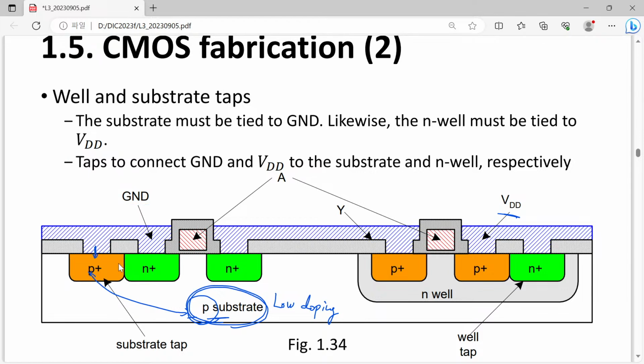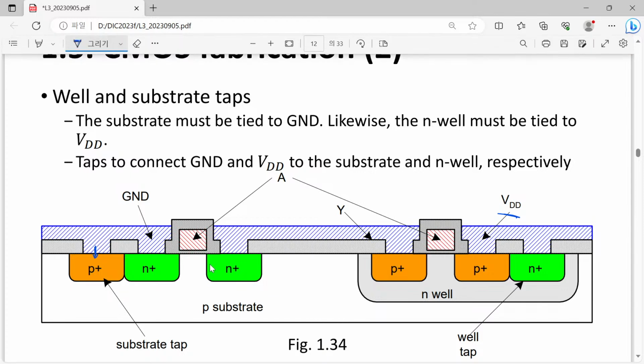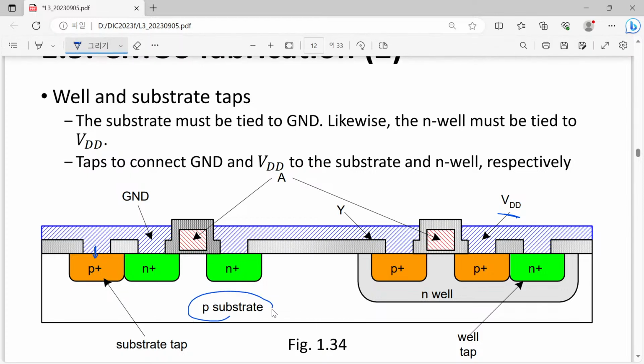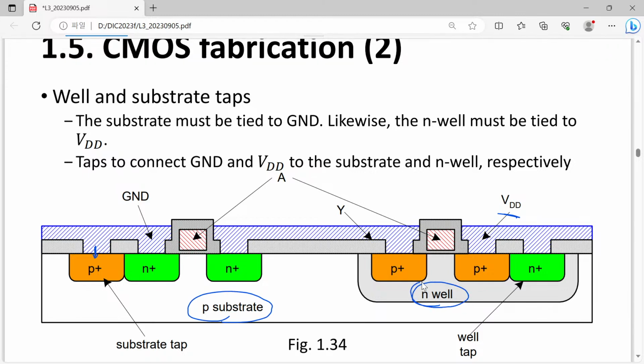Of course, this is related to our biasing of the p-type substrate. In the same way, we must provide a certain bias to our n-type well. So in the n-type well case, we also have to introduce this kind of n plus doping region.